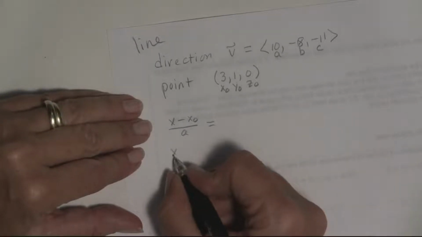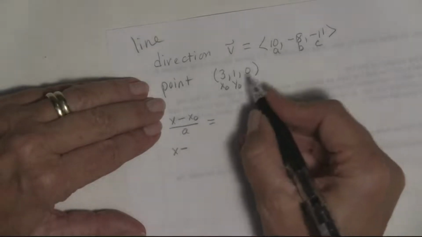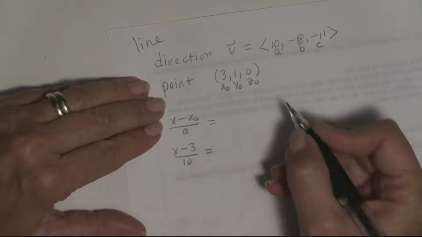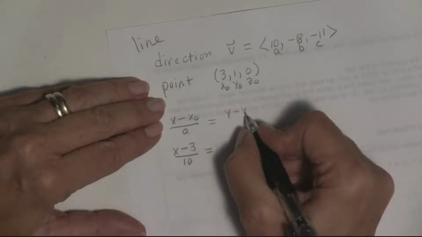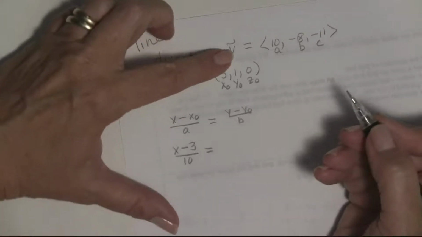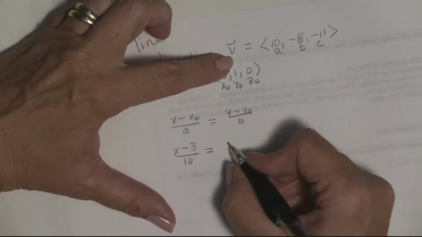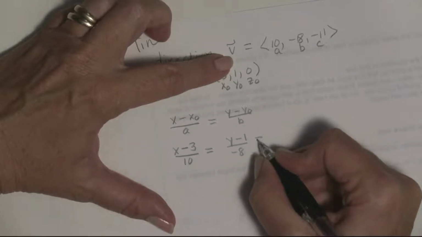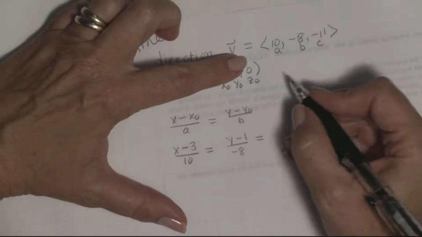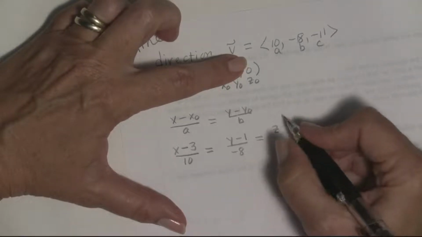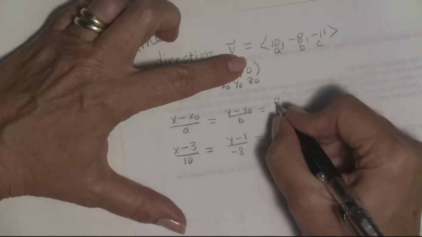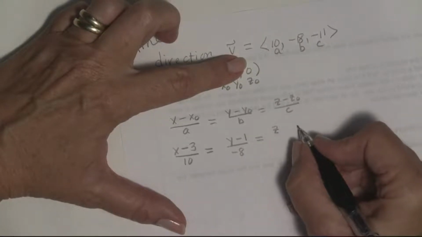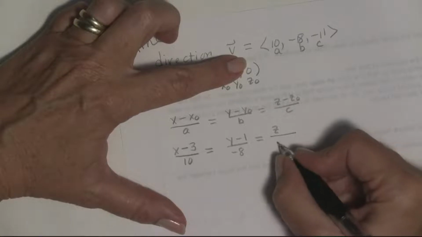So this is going to be x minus 3 over 10 equals, and then y minus y naught over B, so y minus 1 over negative 8 equals, and then z minus z naught for my formula, over C, minus 0, so I don't have to write that, over negative 11.